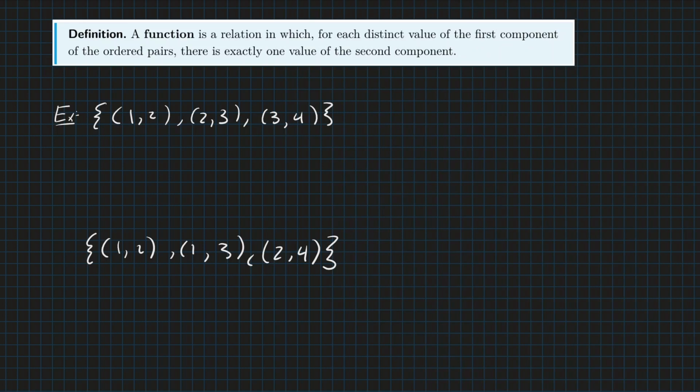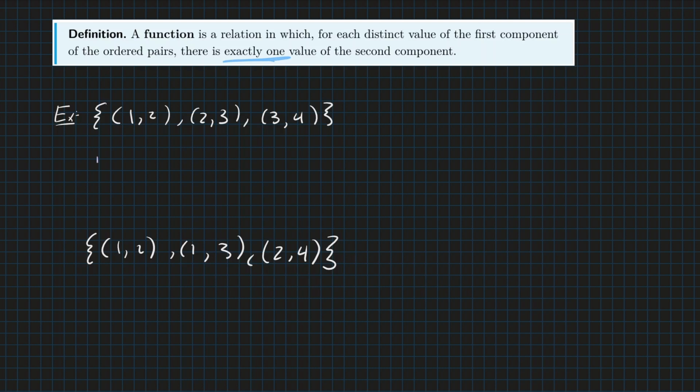Now let's revisit the first couple examples when we talk about a function. So we're going to define a function as a relation. This is a smaller class of relations, in which for each distinct value in the first component of the ordered pairs, there's exactly 1 value in the second. I want to emphasize that there is exactly 1 value in the second.